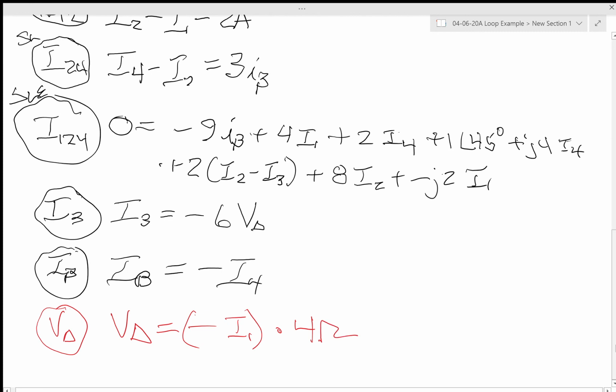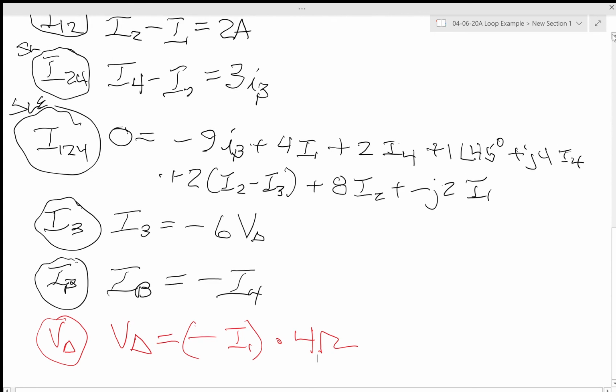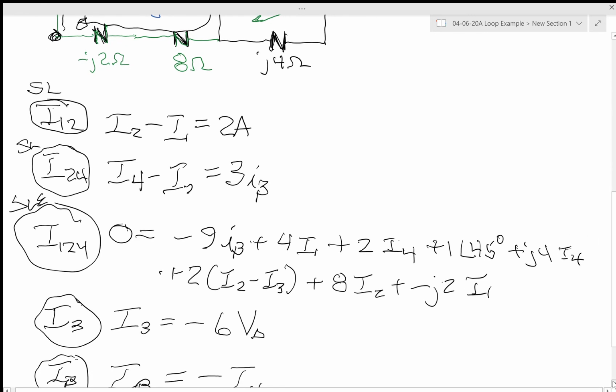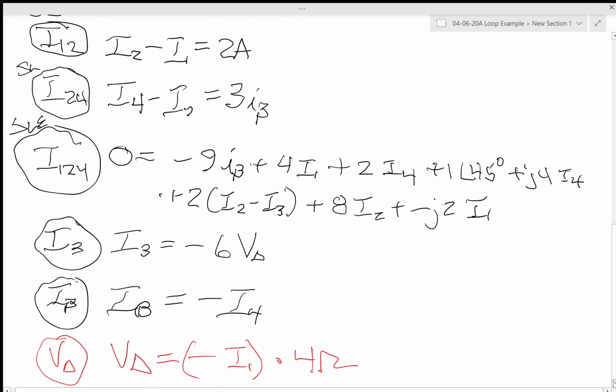I have the I beta and V delta equations, and then I have 4 loop equations. Exactly what I need. I've got 4 equations for my loops, I1, I2, I3, I4, and I have the 2 equations for my independent sources, I beta and V delta.